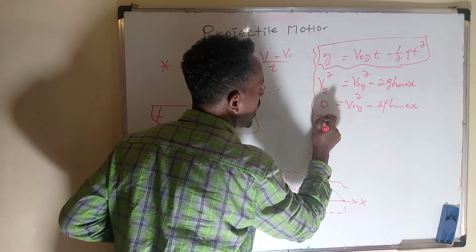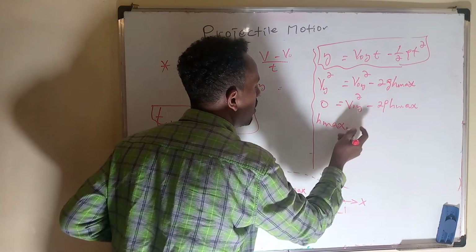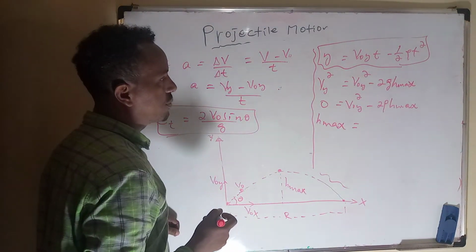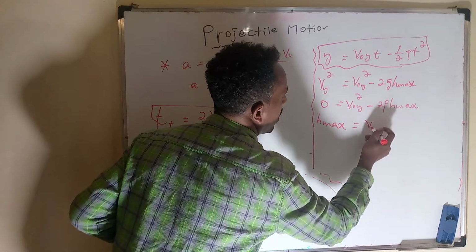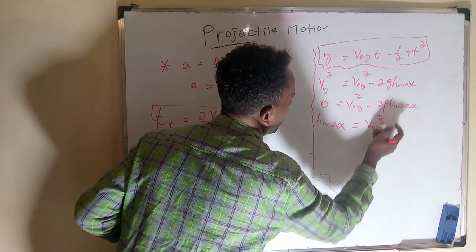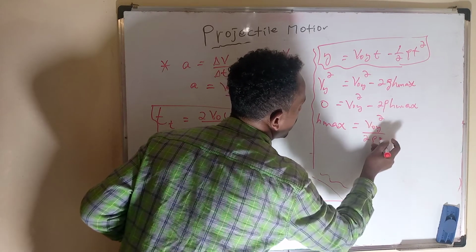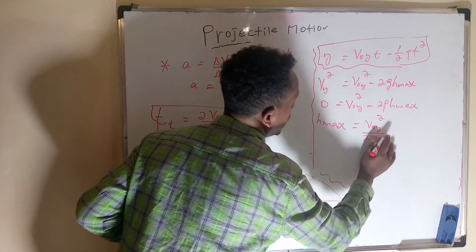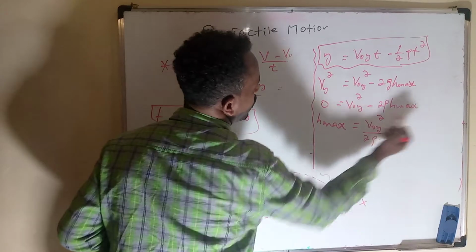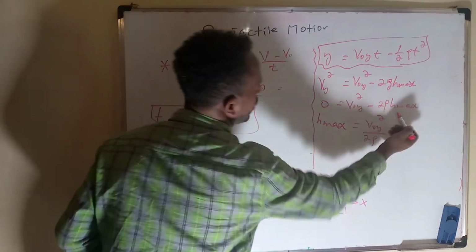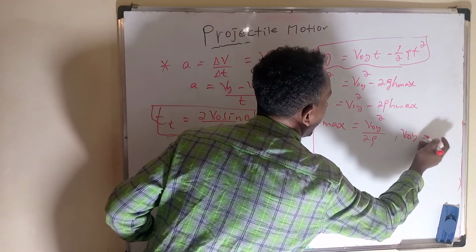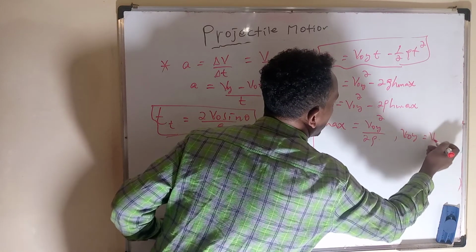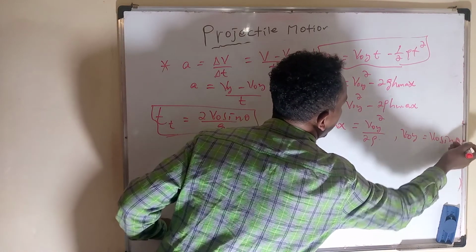So h max is equals to v initial along y square over 2g. h maxን ወሰድኩት, but v initial of y is equals to v naught sine of theta.